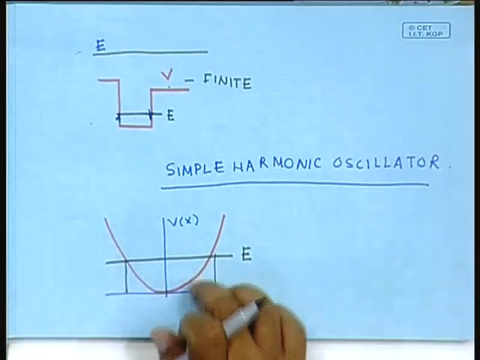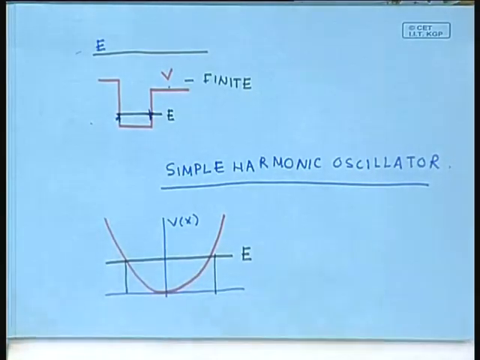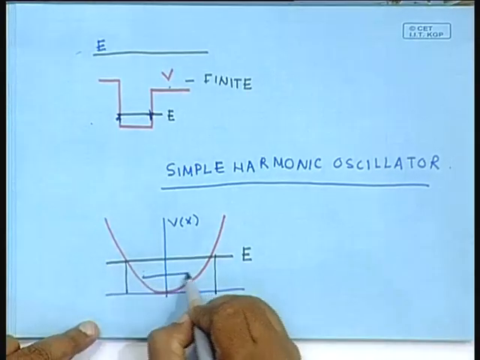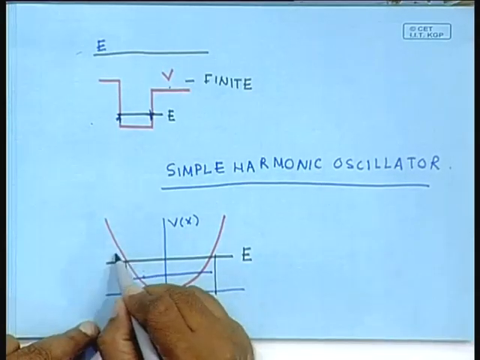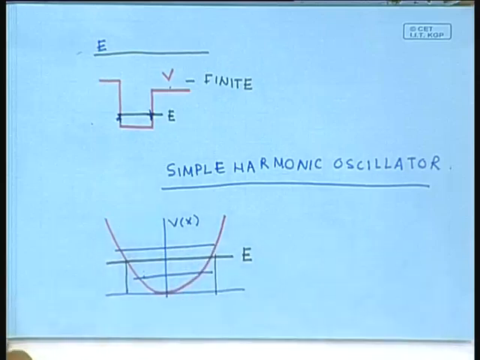In this case the spacing between the energy levels is proportional to n, whereas for a particle in a square potential well, the energies are proportional to n square.